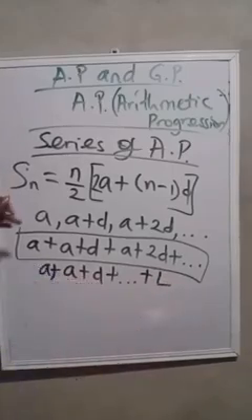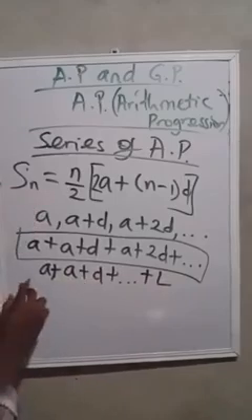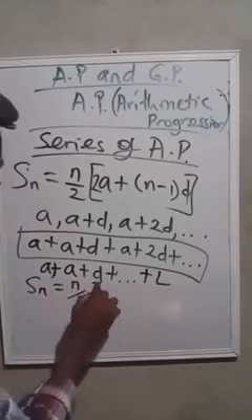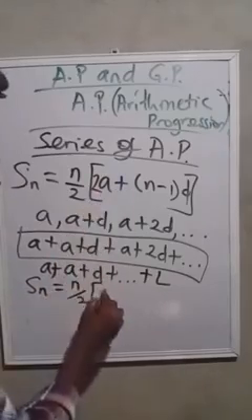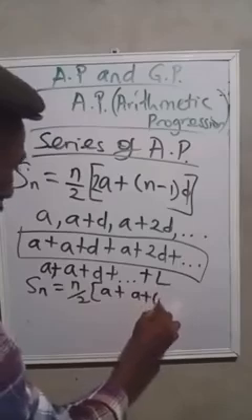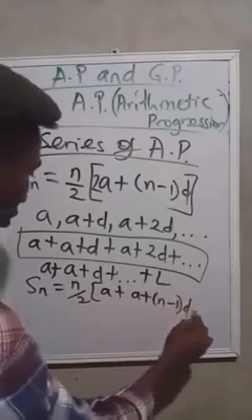Now, this is what your sum is going to be. Your sum Sn is n over 2, and you can break this down to equals a plus (n minus 1)d.